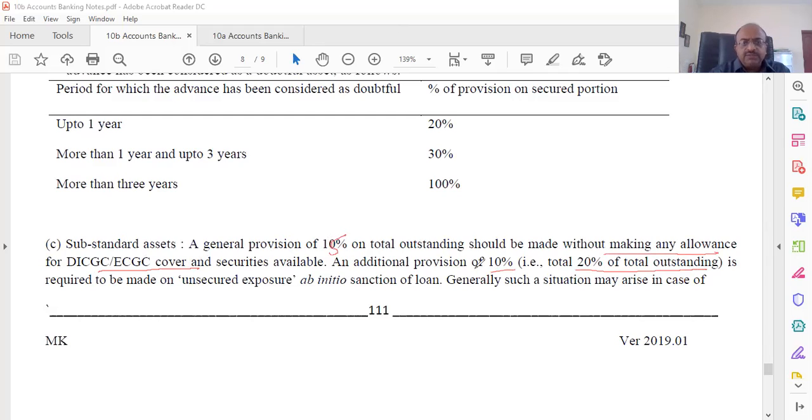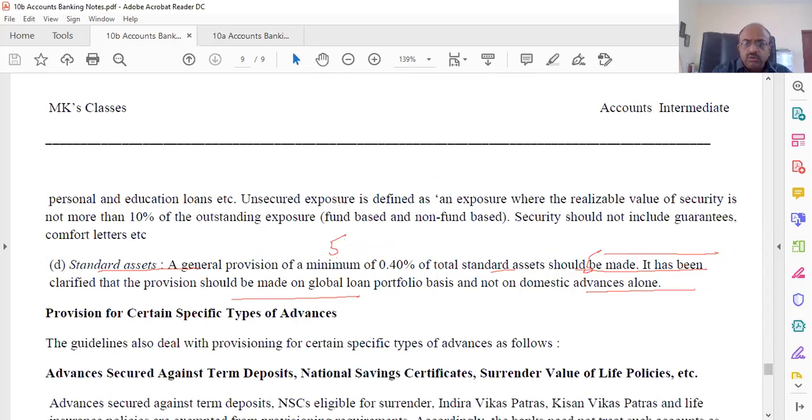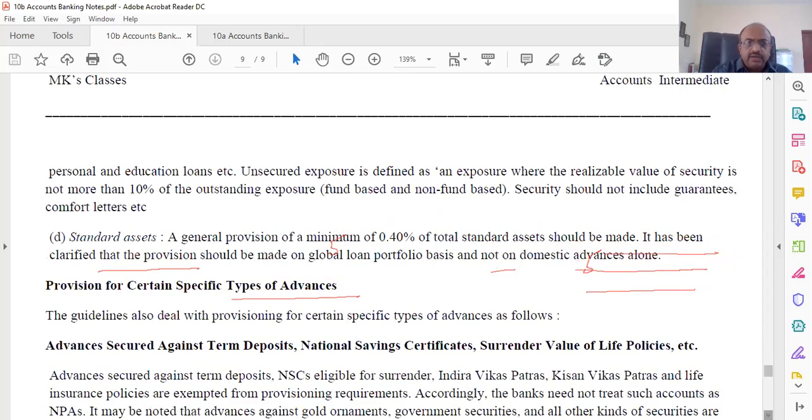So total 10 plus 5, 15, 25%. This will be 25% of the total outstanding, required to be made on the unsecured portion ab initio of the loan. Generally, such a situation may arise in the case of personal loans, education loans, etc.